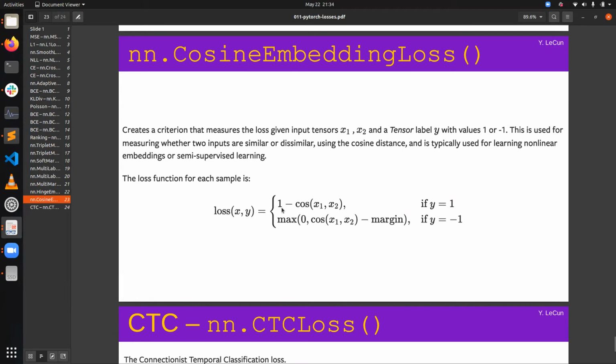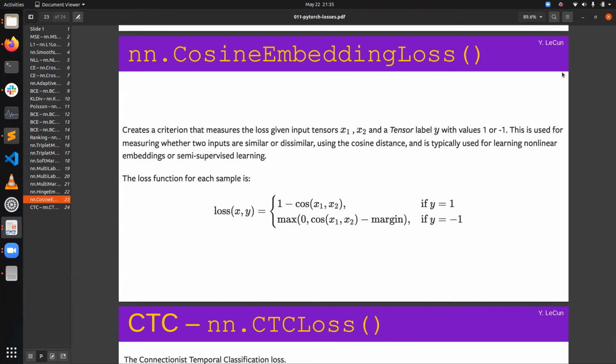So the loss is 1 minus cosine of x1, x2. So this is the angle, I guess, between x1, x2. And cosine already has, on the denominator, the norm of the two vectors, right? So if you do x dot y divided by norm of x, norm of y, the length becomes effectively 1 for both.